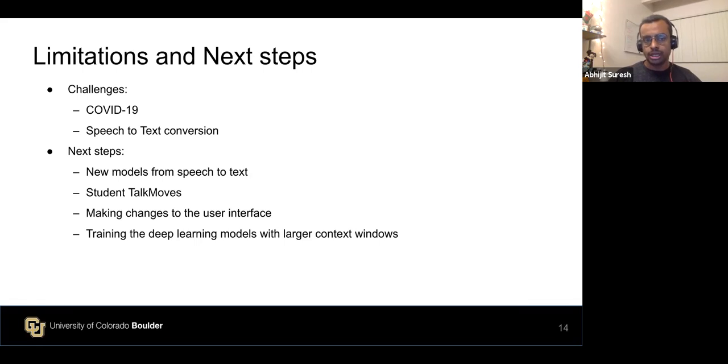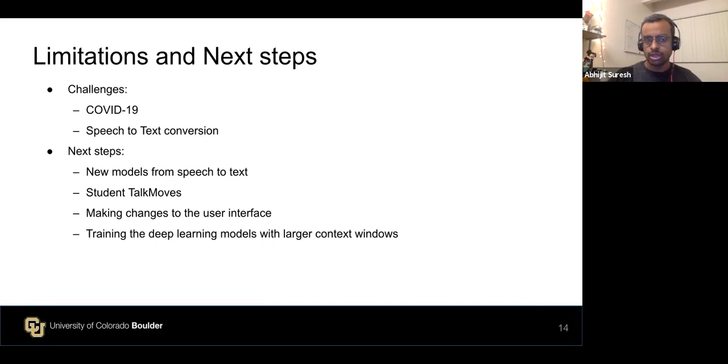However, we resolved that recently by upgrading the big data infrastructure to support uploading Zoom recordings and other types of recordings. One other major challenge was speech to text conversion.